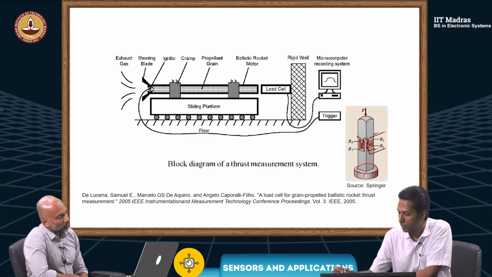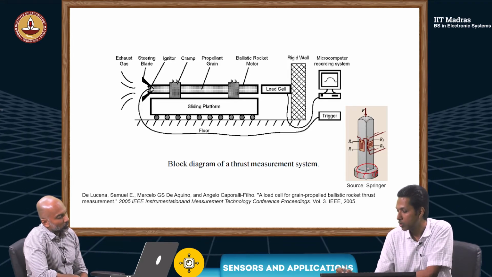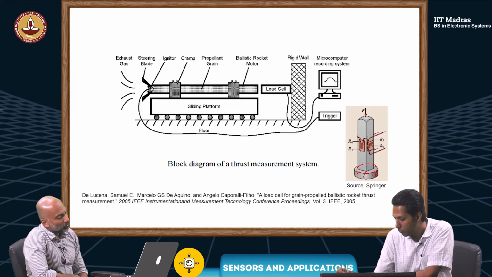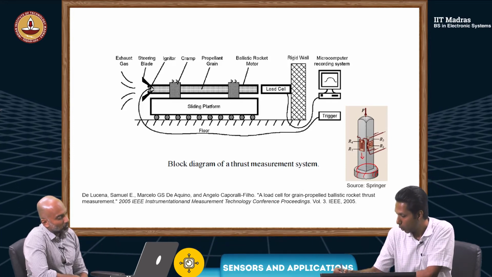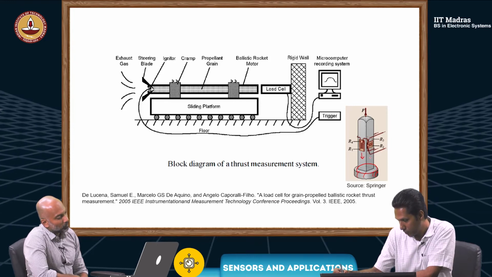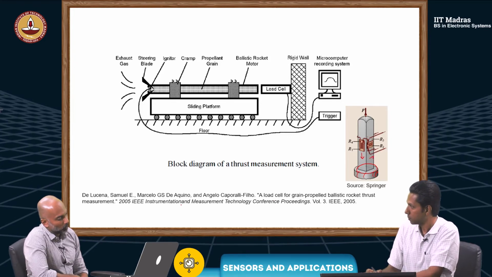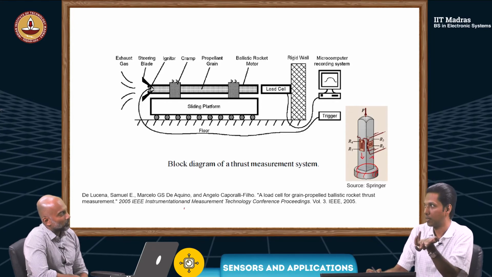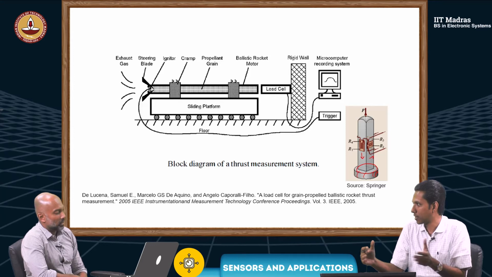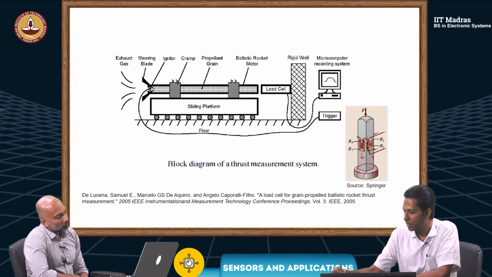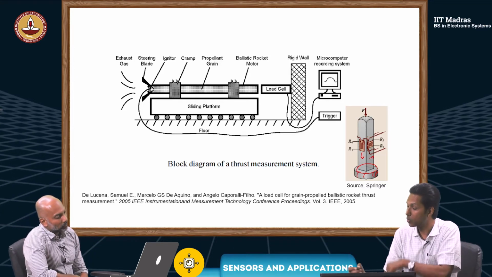Then the cross-sectional view will be a square-shaped one. Here we have a strain gauge which is sensitive to this direction, and on this face there is a strain gauge which is sensitive to this direction. Like we explained in the previous class, when it undergoes compression, there will be expansion in this direction. So this one is sensitive to that and this one is sensitive to the compression itself.